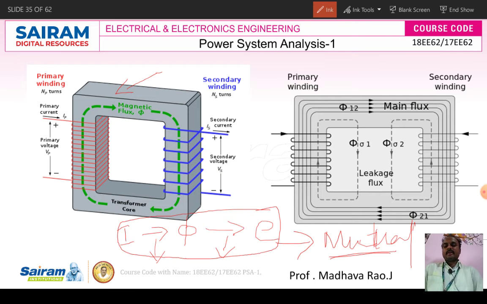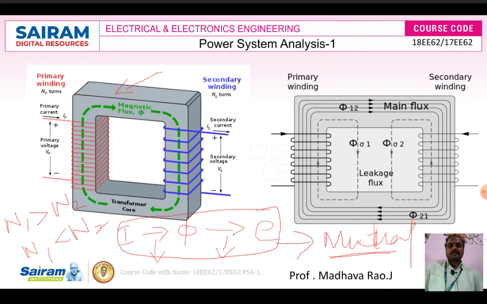When the primary winding is more, N1 is more than N2, where N1 is the number of turns of the primary winding and N2 is the number of turns of the secondary winding, the transformer is a step down transformer. And when N1 is less than N2, that is, N2 is more, the transformer is called a step up transformer. Okay.